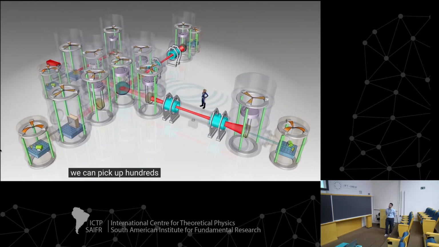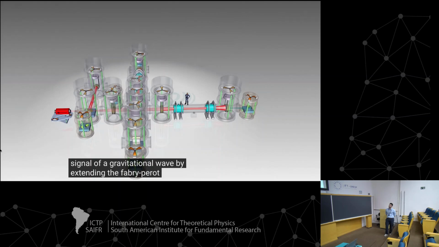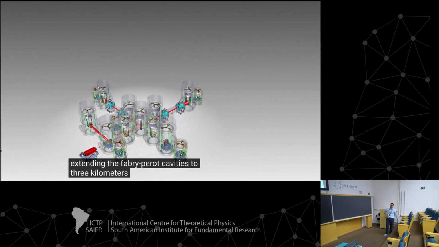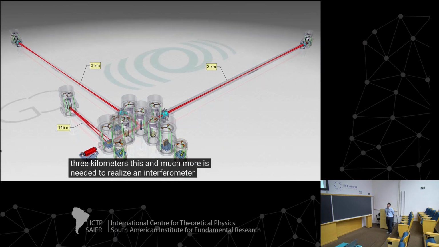We can pick up hundreds of times more signal of a gravitational wave by extending the Fabry-Perot cavities to 3 kilometers. This and much more is needed to realize an interferometer for detection of gravitational waves.